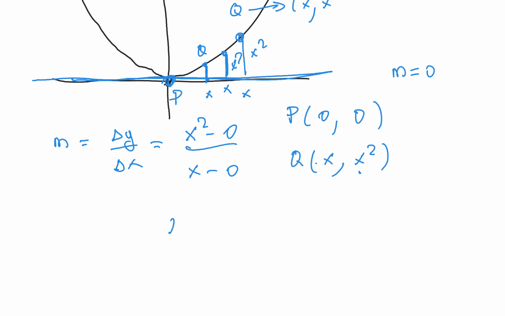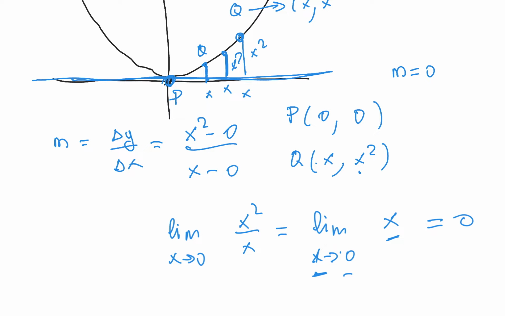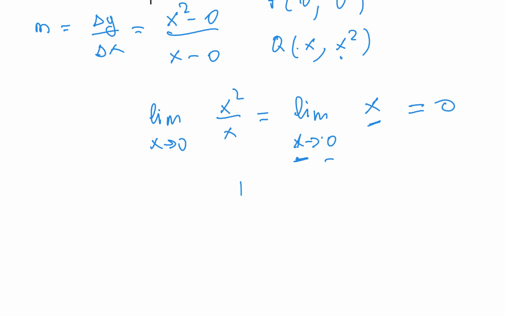And what will be the limit when x approaches 0 of x squared divided by x? That is x. When x approaches 0, what value will x take? It will take the value 0. So we have discovered that m is 0.